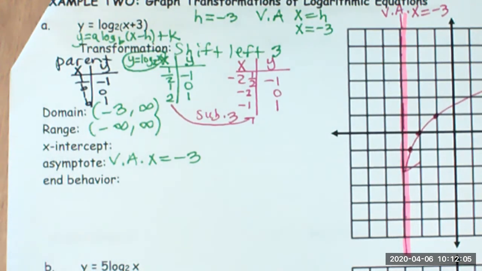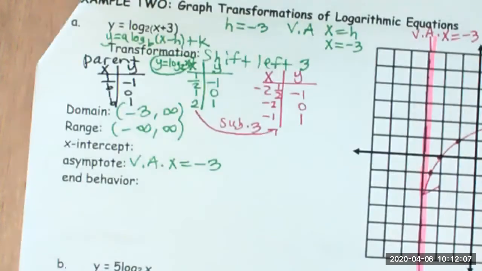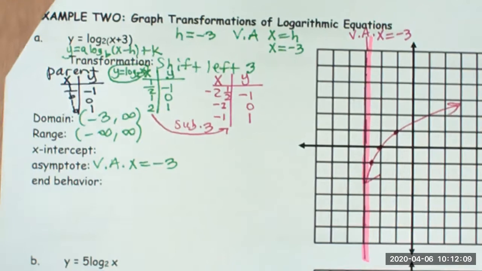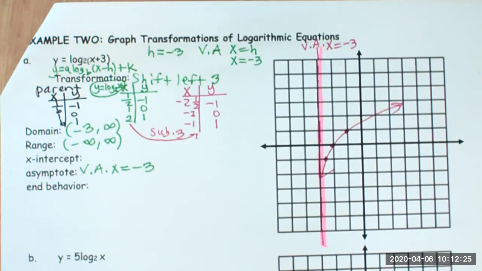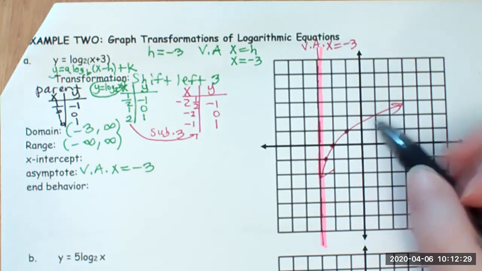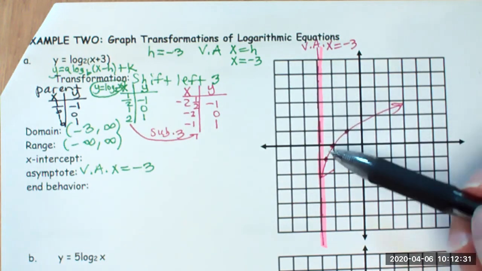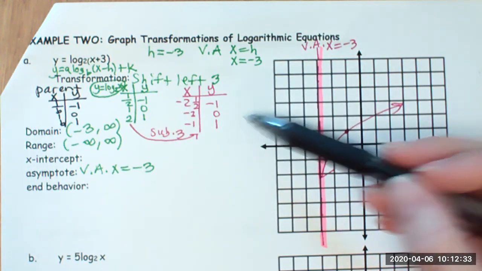Now, what I want to do here, just to emphasize, and I'm going to have you do the same thing: as part of your assignments, in addition to the Pearson assignment, you're going to be doing a graphing worksheet. On that worksheet, I'm going to have you graph the log function, but I'm also going to have you dash in the inverse, which is the exponential function. For that inverse, we can just reverse the x and y values.